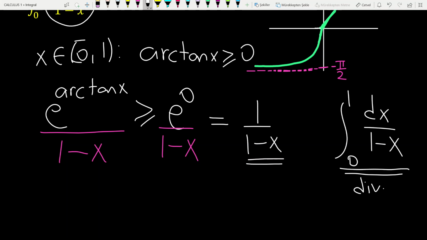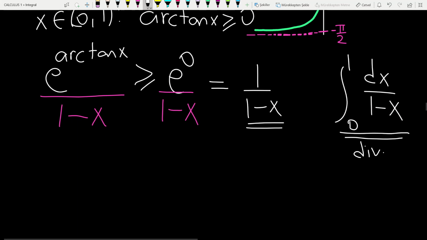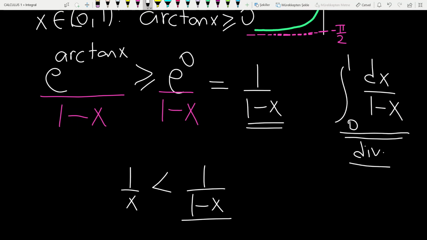So let me show why this is divergent. We know that the integral from 0 to 1 of 1 over x is a divergent improper integral, and this expression is greater than 1 over x. If this improper integral diverges, then the greater one must be divergent. This is why this is a divergent improper integral.